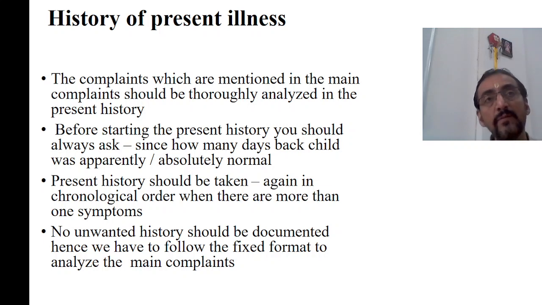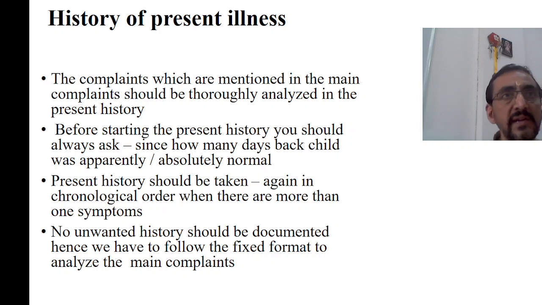So we require the information of that particular main complaint, for which you have to follow these 10 points: onset of the disease, progression of the disease, severity of the disease, nature or character of the disease or symptom. It's not disease, it is symptom. Then aggravating and relieving factors, then course, then diurnal variation, then effect of the food, and then the associated complaints.